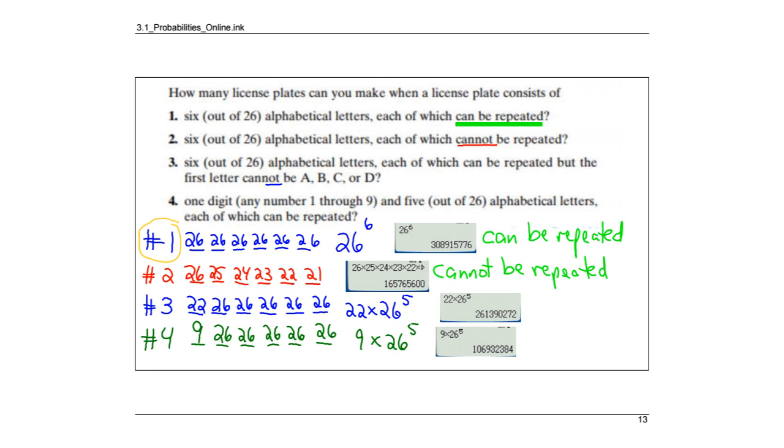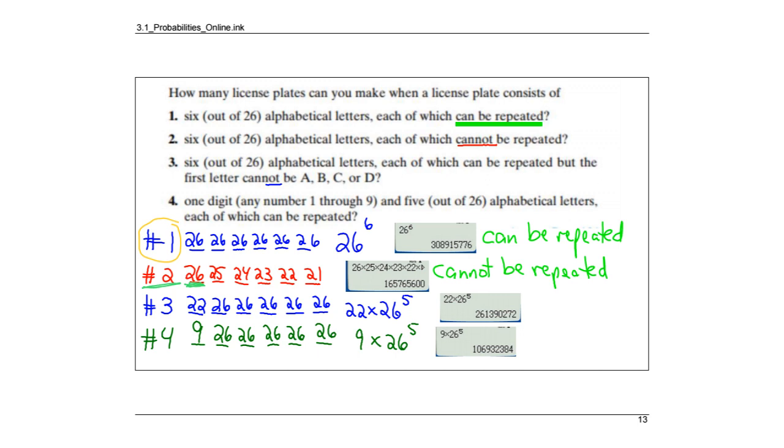Now, for number 2, they said, okay, we're still going to use the alphabetical letters, but we're not going to allow you to repeat. So then we have that same issue of we're going to work our way down. The first letter, we have 26 choices. But once we use a letter, let's say we use the letter E, once we use the letter E, we can't use it ever again.